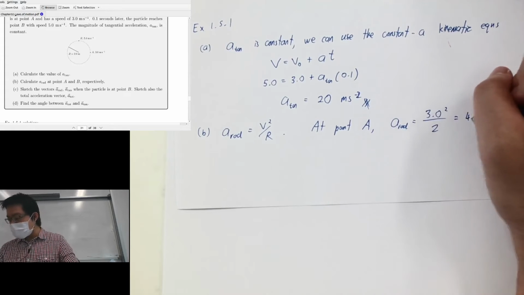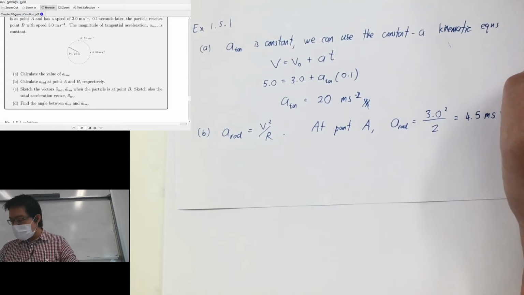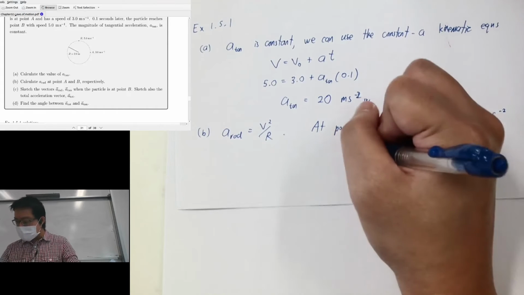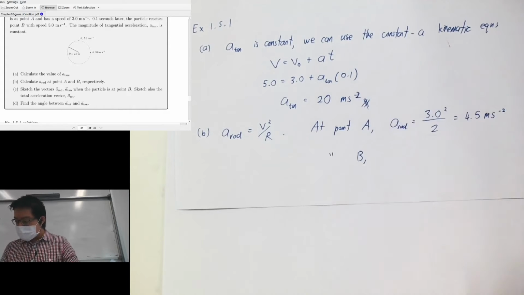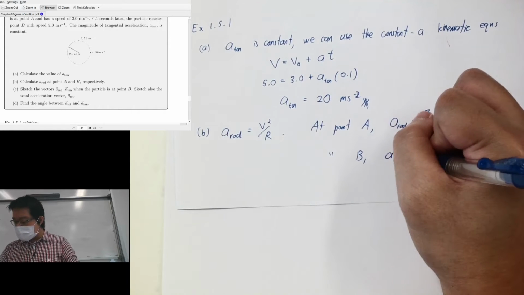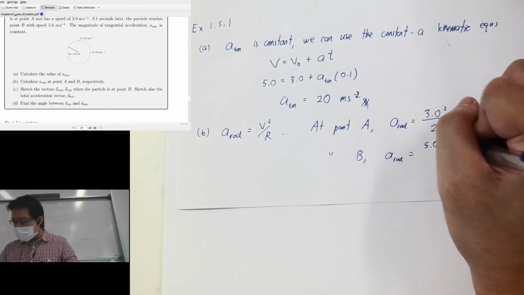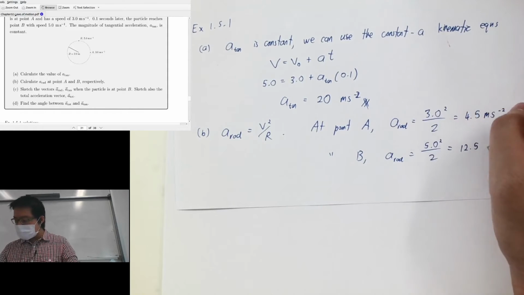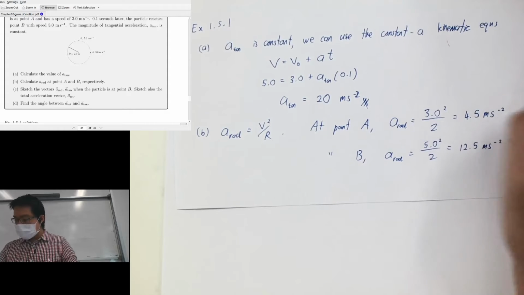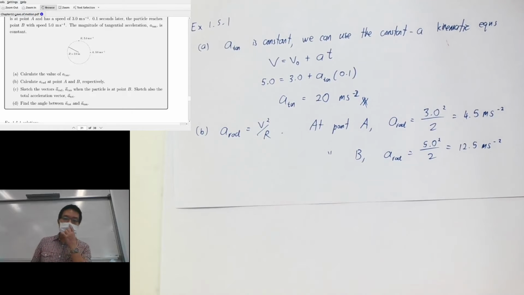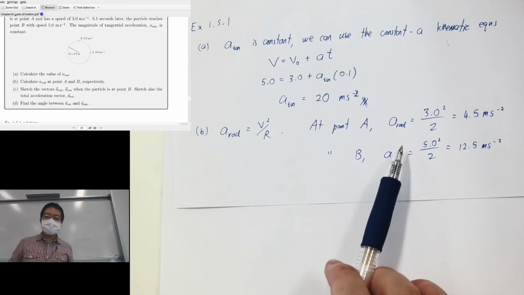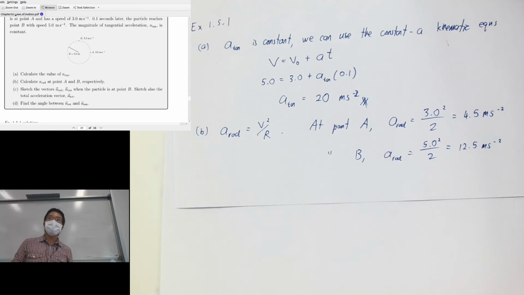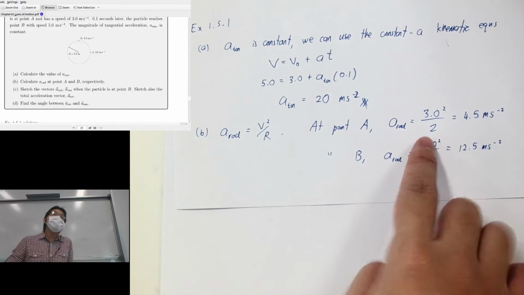So if you divide, you get 4.5 meters per second squared. And then at point B, for my radial acceleration, just use the value at point B. So you get 12.5 meters per second squared. One thing to notice is that for a non-uniform circular motion, my radial acceleration magnitude is no longer a constant, because it depends on v squared over r.